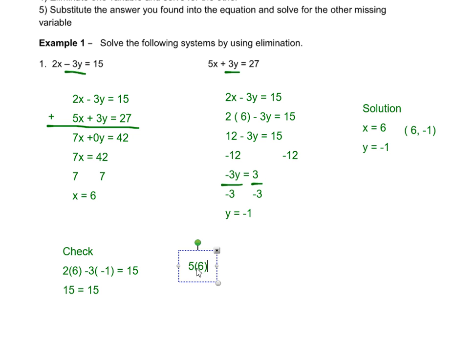So 5 times 6 plus 3 times -1 equals 27. 30 plus -3 will give you 27. So 27 is equal to 27. That tells me that my solution is correct. So this here is a good solution.